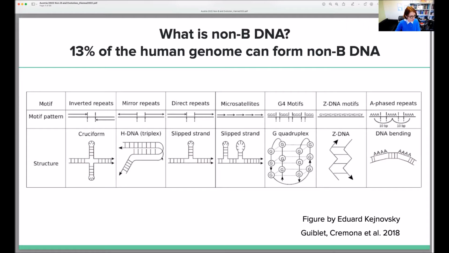Direct repeats can form slipped-strand structures. Also, microsatellites are a version of direct repeats with slipped-strand structures. Then there are also G-quadruplex motifs, Z-DNA motifs, and A-phased repeats, and I'll go through some of them in a little more detail.